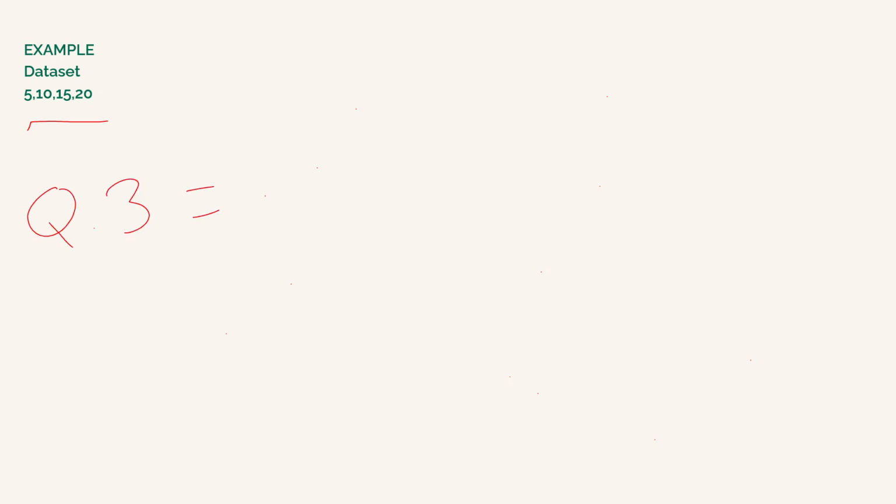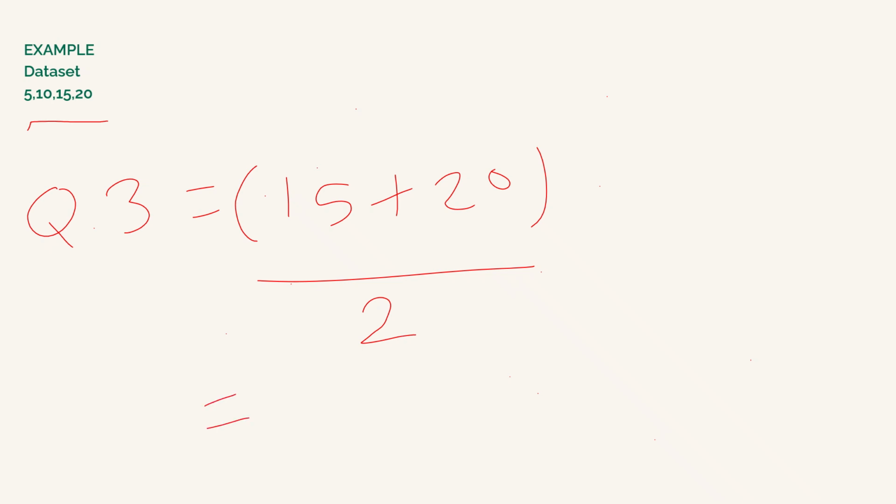It is the average of 15 and 20. 15 plus 20 we are taking and dividing by 2. 15 plus 20 is 35, upon 2 is 17.5. So we have found quartile 3.